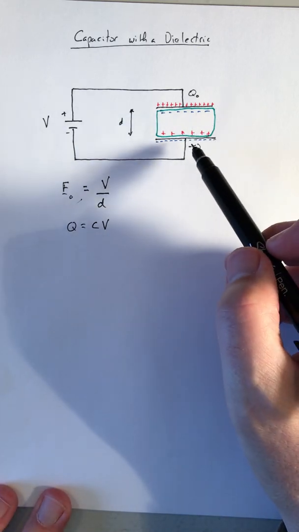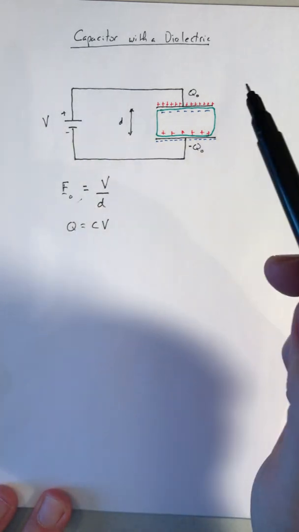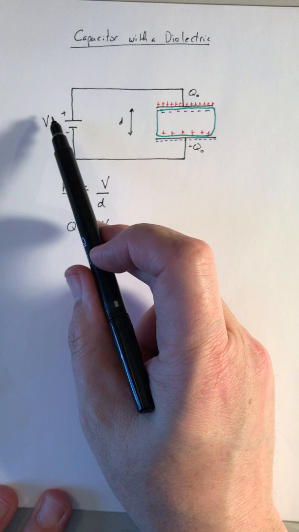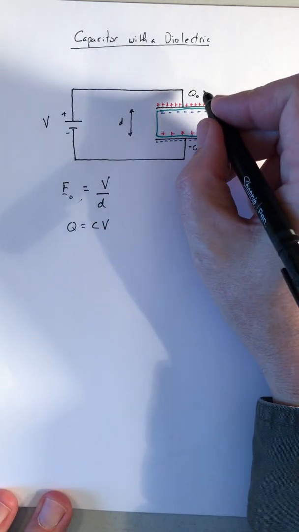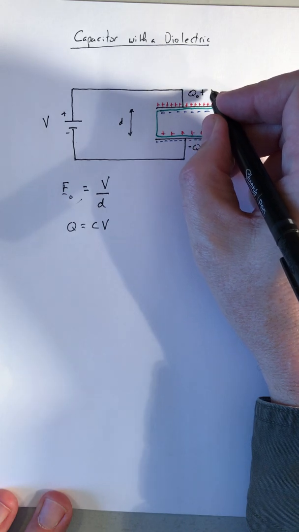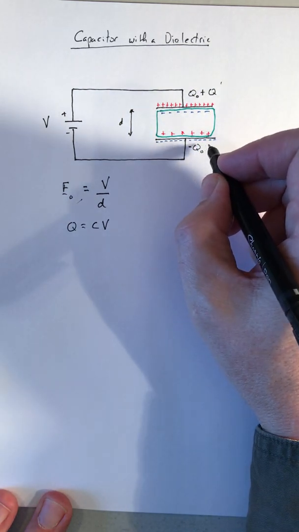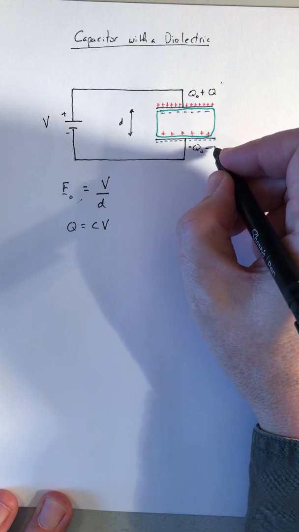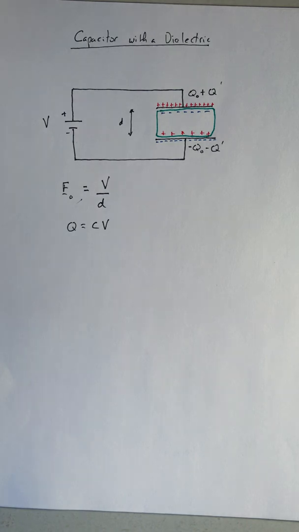Reducing the electric field but keeping the voltage fixed from the battery means that you're able to store additional charge on the capacitor. That means you'll actually store more energy in the capacitor by having the polarizable material in between the plates of the capacitor.